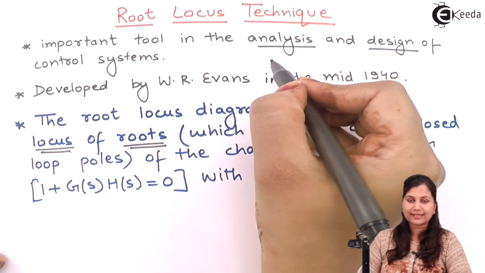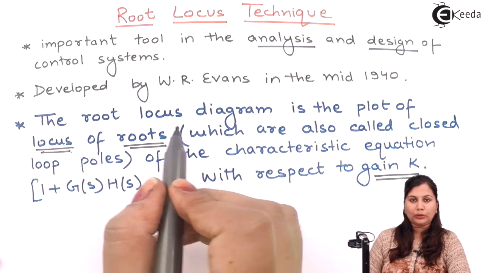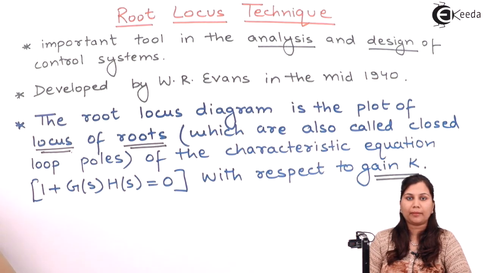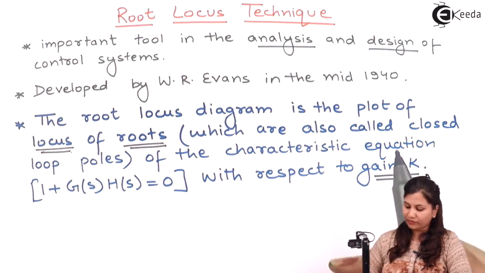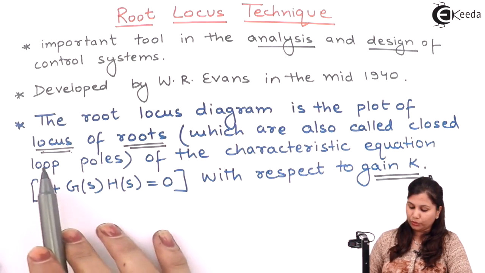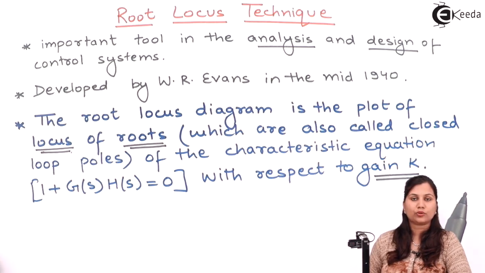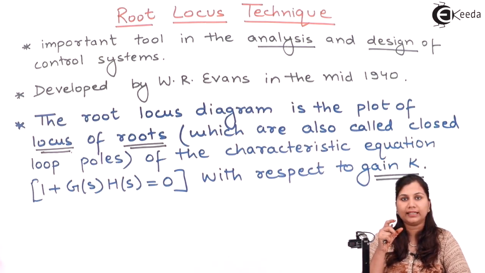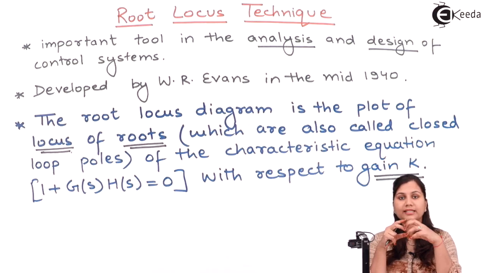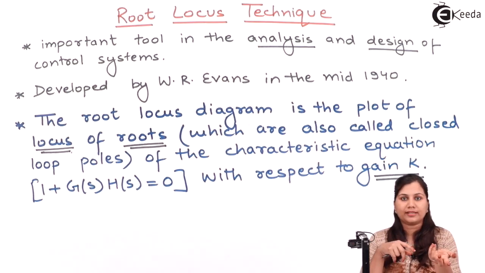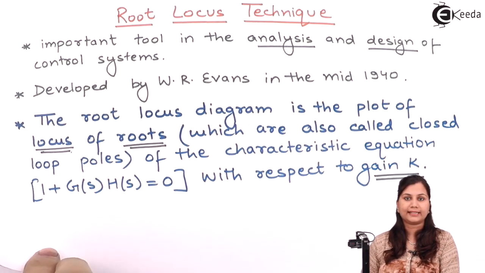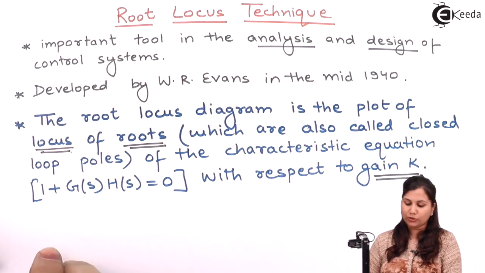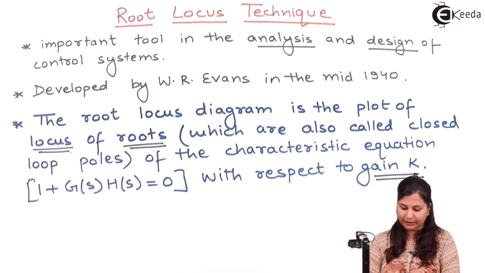Analysis can be done because the root locus diagram gives us information about the absolute and relative stability of the system, and designing of the system can be done because here we are plotting the roots with respect to gain k. If we adjust the value of this gain k, then it is a type of designing of a system. So we are doing both the analysis and design of control systems using this root locus technique.